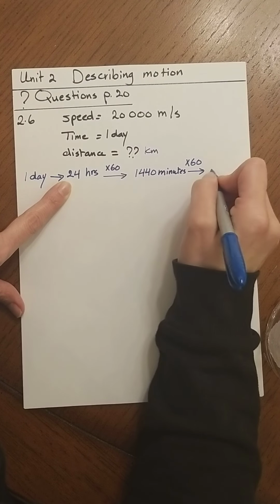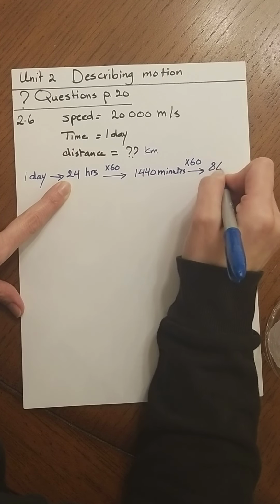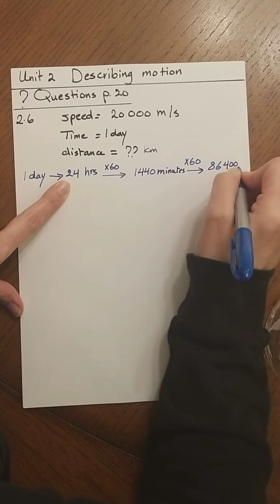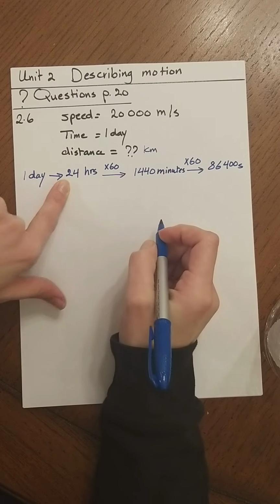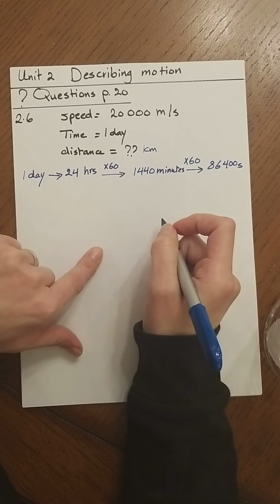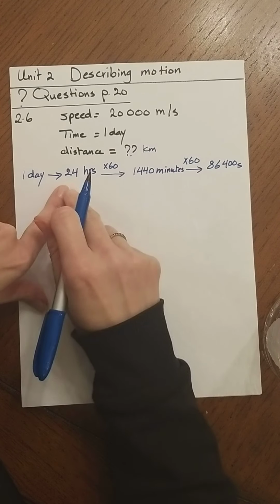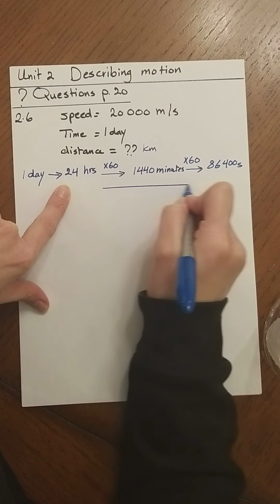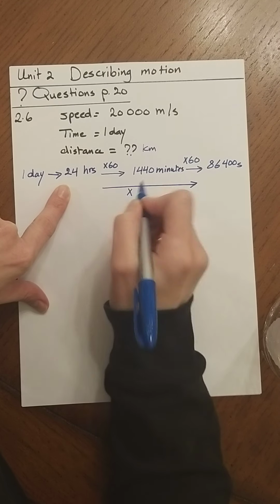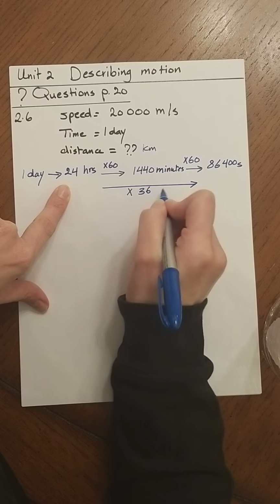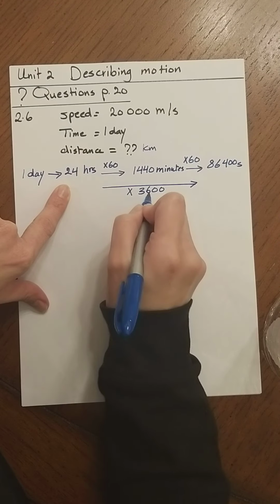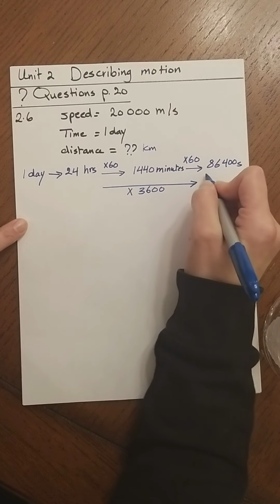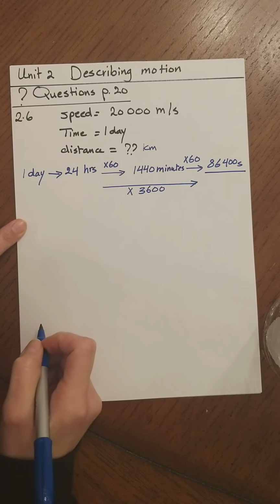And the answer would be 86,400 seconds. Remember that you can use a calculator to do these calculations. If you want to convert from 24 hours directly to seconds, we would multiply by 3,600, which is 60 multiplied by 60. So now we have our time in seconds.